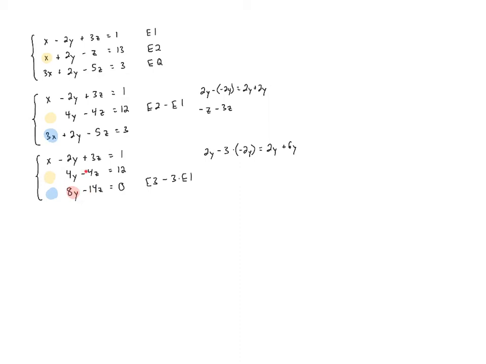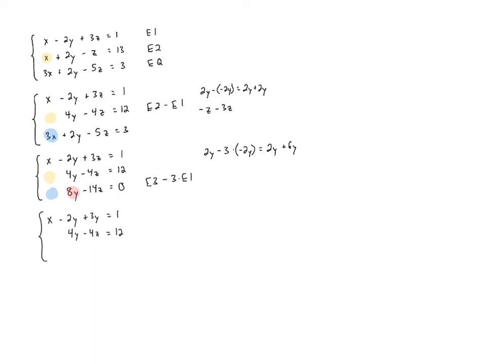So at this point, we only want to look at the second and third equations. Now, we're not going to change the first or the second equations, so we're going to leave those alone and just rewrite them here. So 4y minus 4z equals 12.